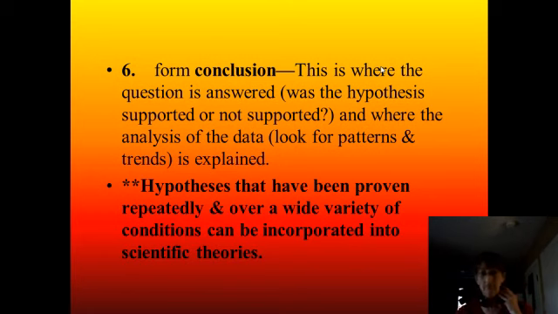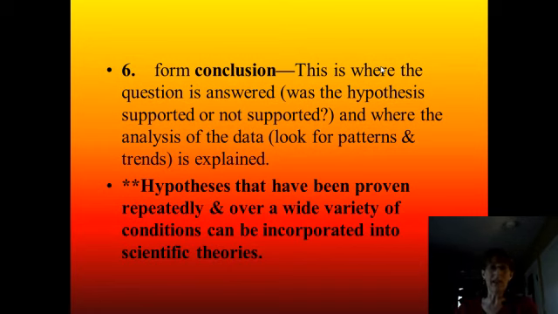All right. The hypotheses that have been proven repeatedly over and over and over, and then over a wide variety of conditions, those can be incorporated into scientific theories. In many cases, you can think of a theory as being created of multiple hypotheses that a lot of people have gotten proven to be correct over and over again.